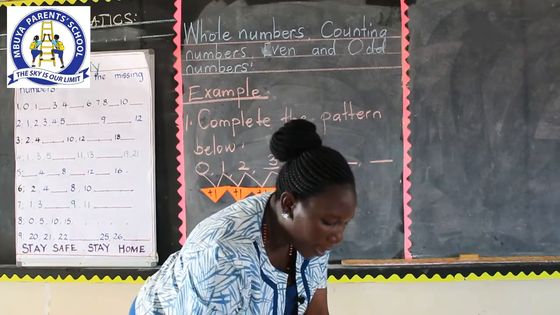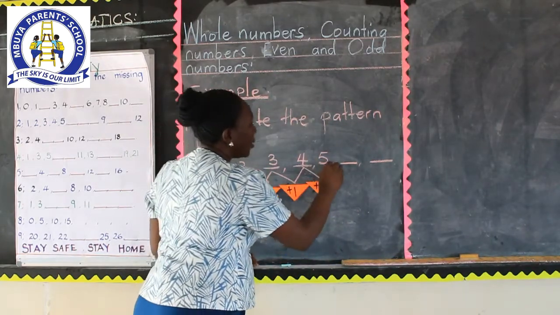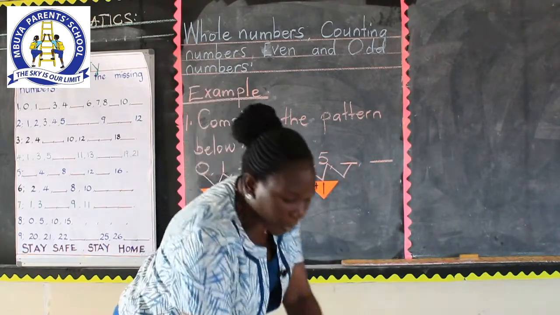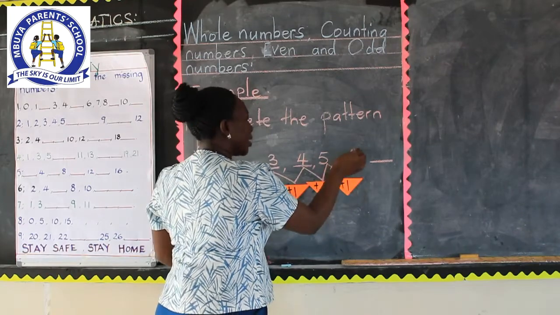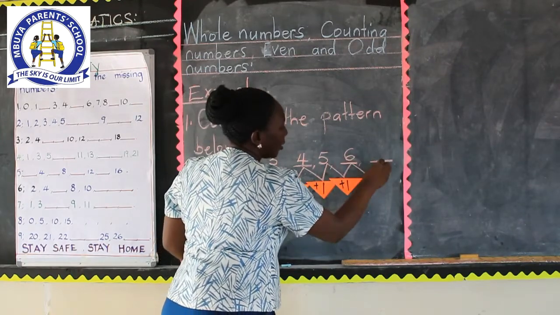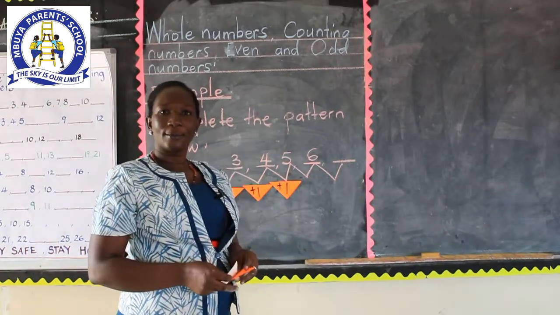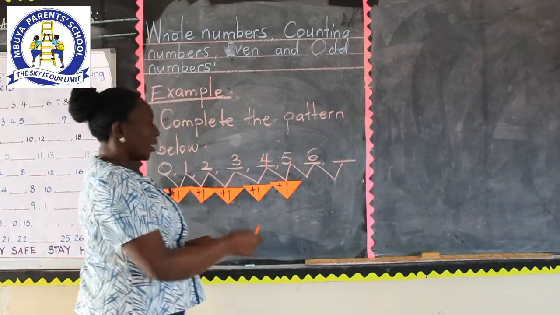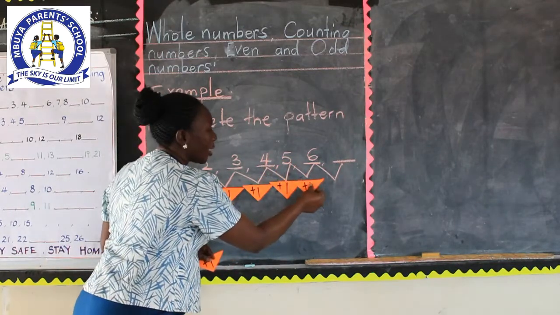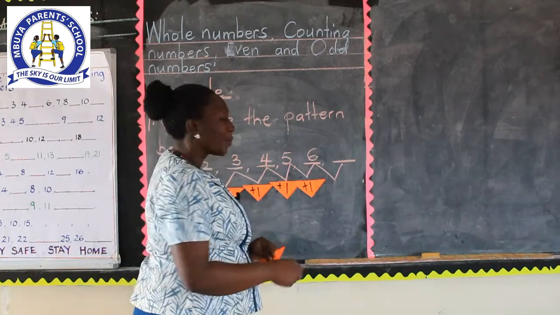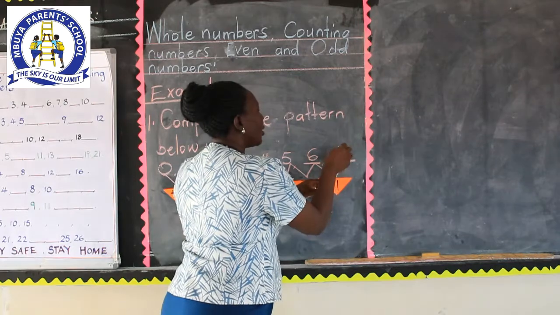Again there we have plus 1, we shall come to 5. Plus 1 here, we shall come to 6. And plus 1 there. We got 5 plus 1, we shall come to 6. 6 plus 1, we come to 7.